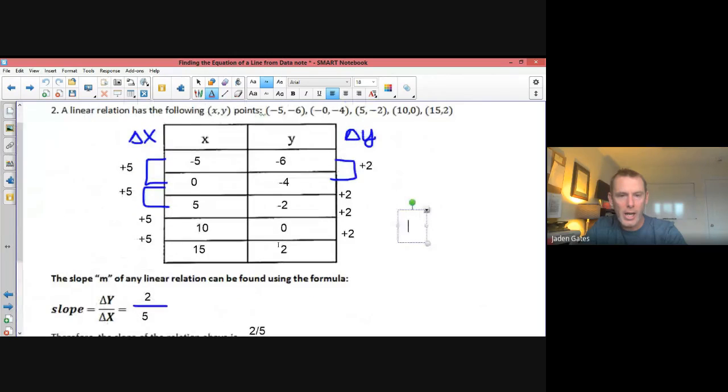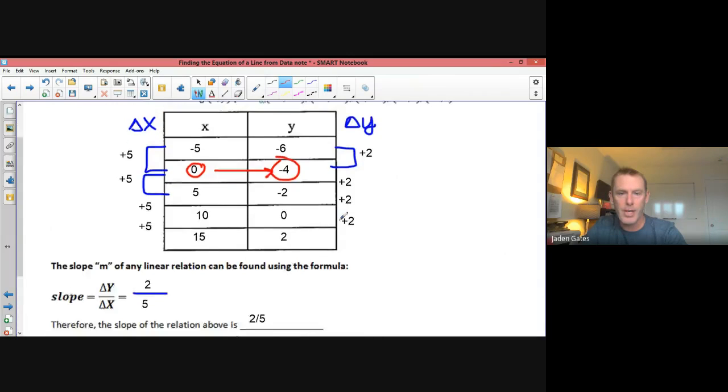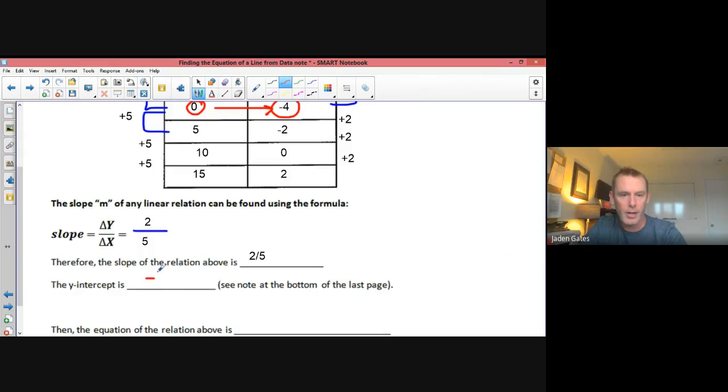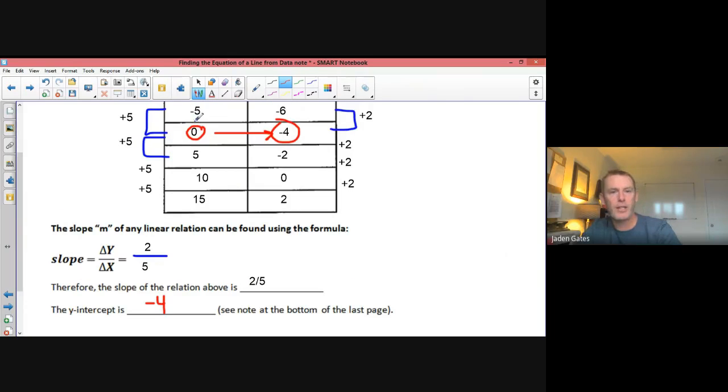Where is the x equal to 0? I'm going to use a different color here. Let's try red. Well, here is where x is 0, and that means there is our y-intercept. Our y-intercept is -4, so I'll put that in there.